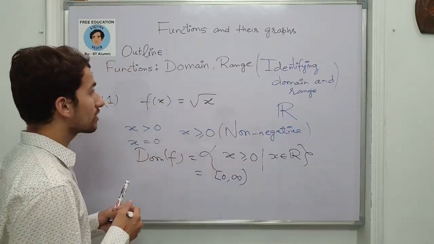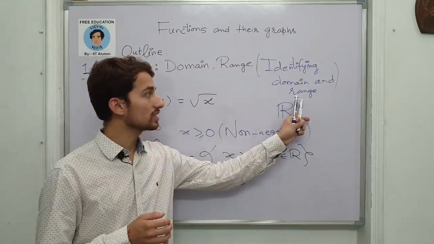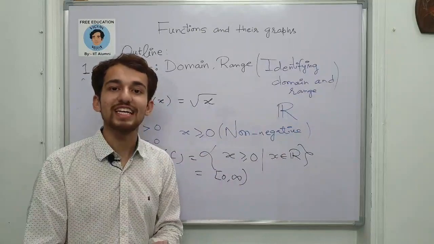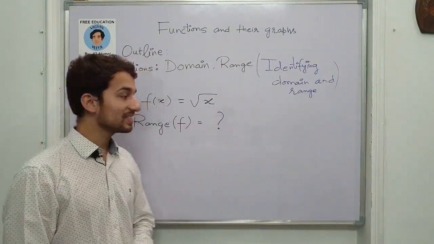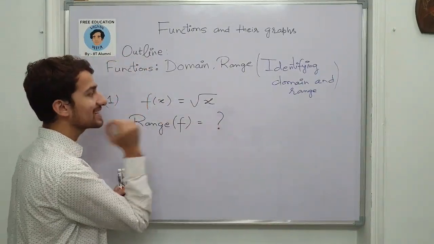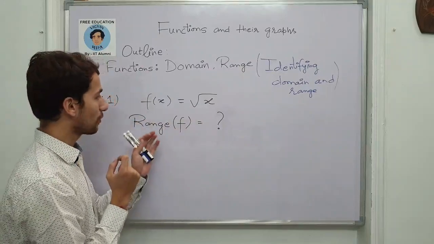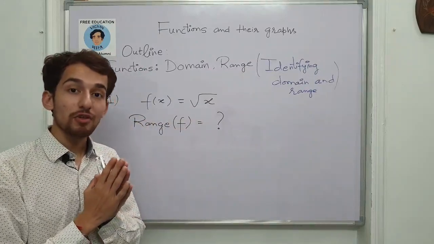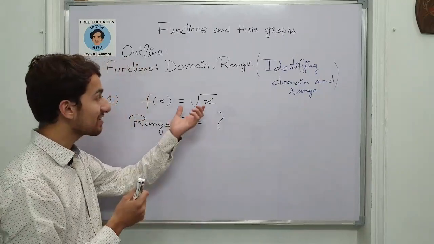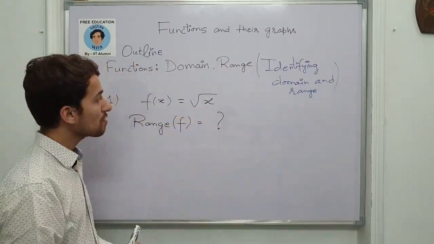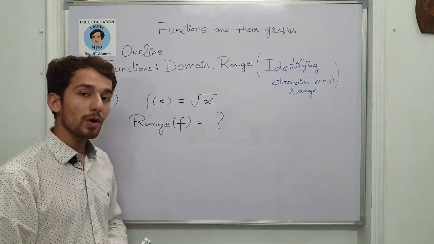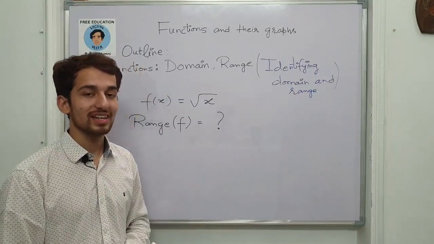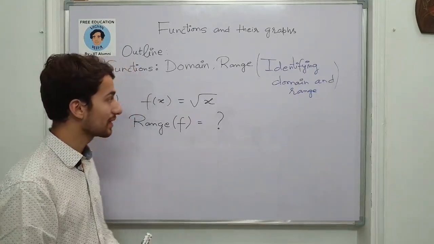Fine. Now we'll try to identify its range. What are the possible output values which we can get? We are now interested in answering this question on the right hand side. Basically, what is the set of values which this function can give us in the form of outputs? We have now understood its domain, basically the set of all non-negative real numbers, greater than or equal to 0.